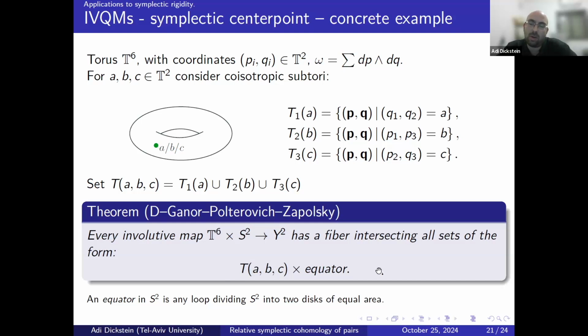And all the assumptions here are essential: involutivity is essential, the dimension of the target is essential, and also if we omit one of these families, then the statement is not true.